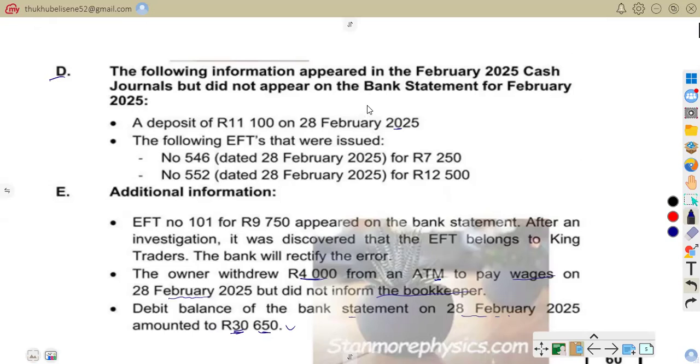So it is an outstanding deposit of 11,100. It is there in the books, not in the bank. In the bank, we don't have it. So we credit outstanding deposit of 11,100.